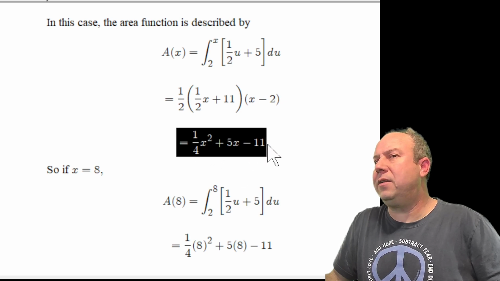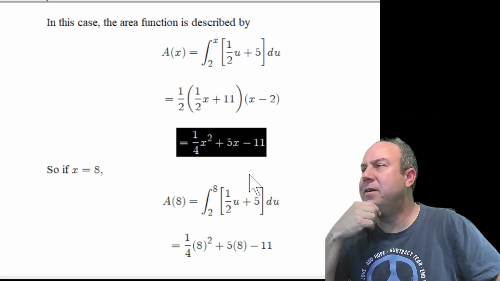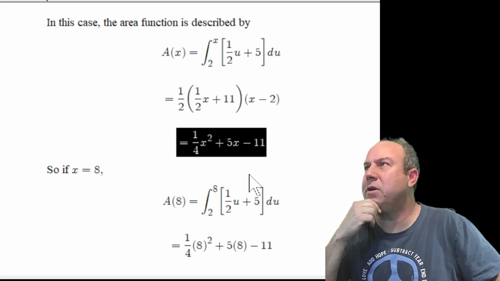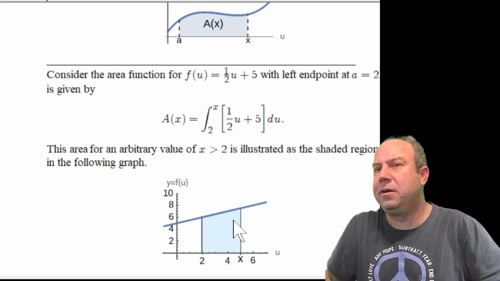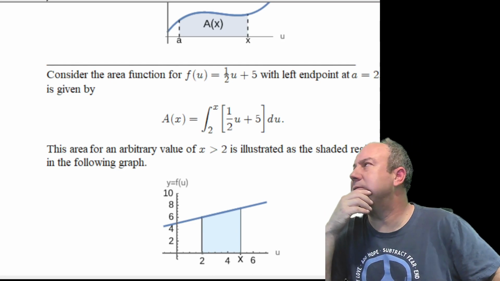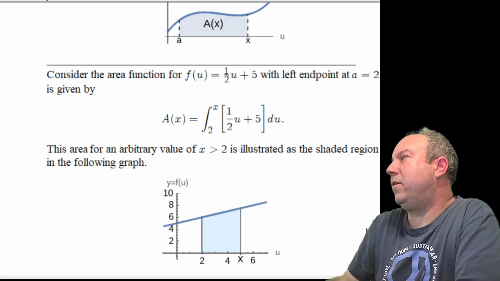And then take away 11, you'd have 13 units squared. And that would be the area of that portion of the trapezoid. That would be the area of that trapezoidal region that's forming under this curve, starting at the left boundary of 2 and continuing up to the value of x. Right? That is what we mean by an area function.